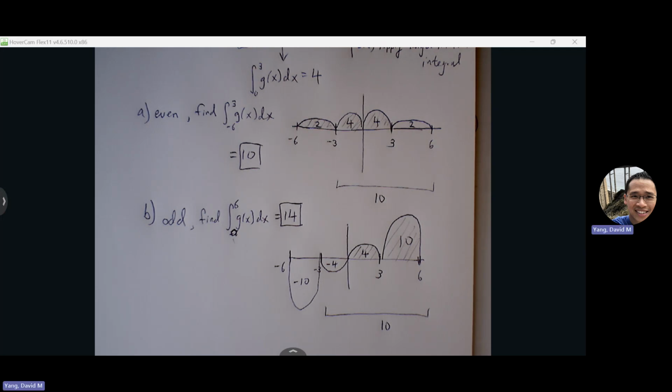Okay, let's try 7 through 10 here. So 7 is use substitution.